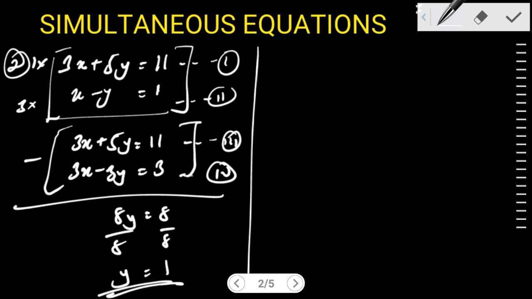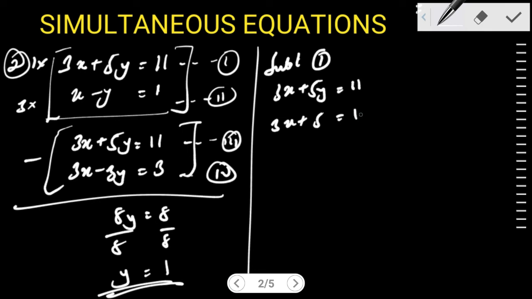Now let's substitute to get x. Substitute into, for example, equation 1, and therefore 3x plus 5y would be equals to 11. Therefore 3x plus 5 is equals to 11.